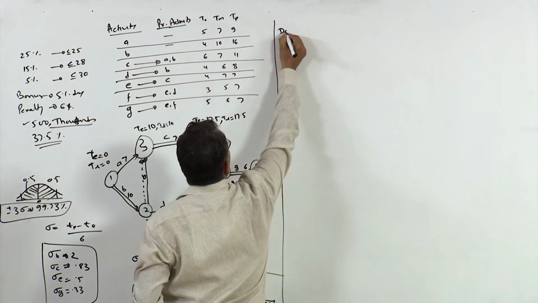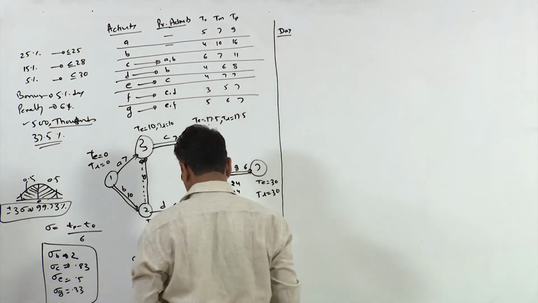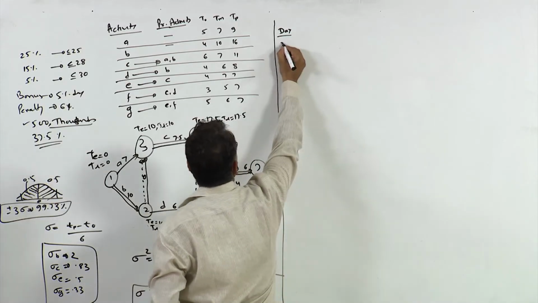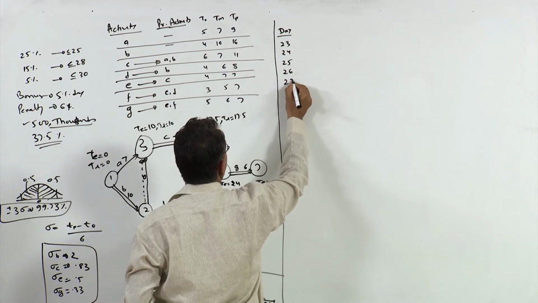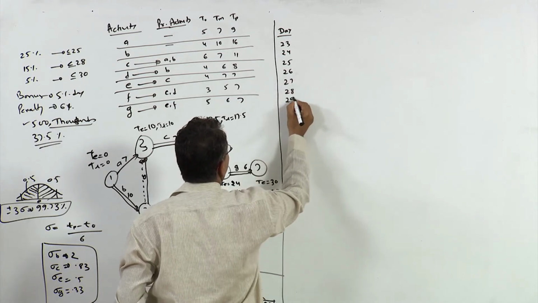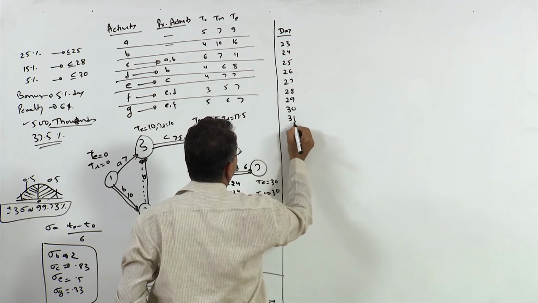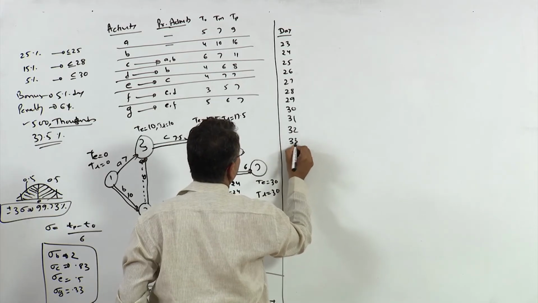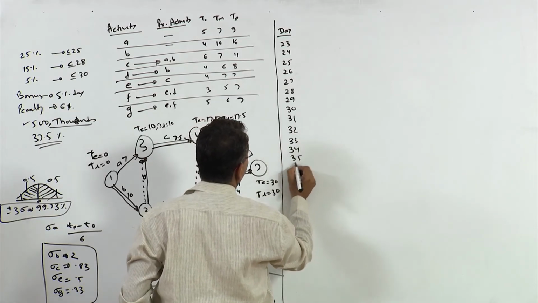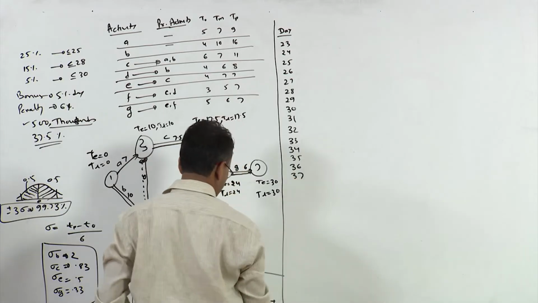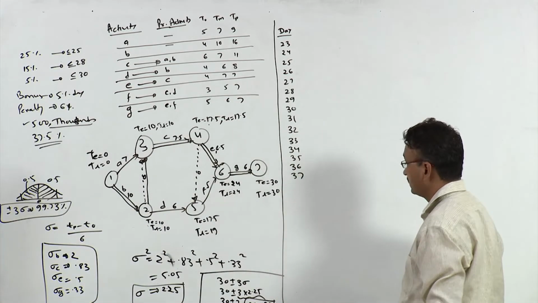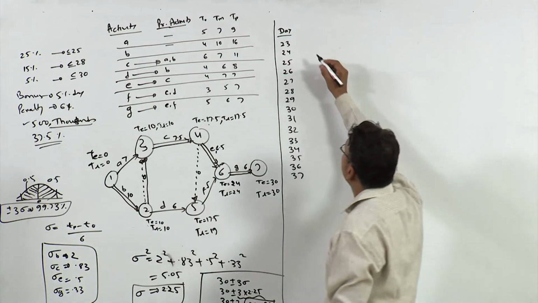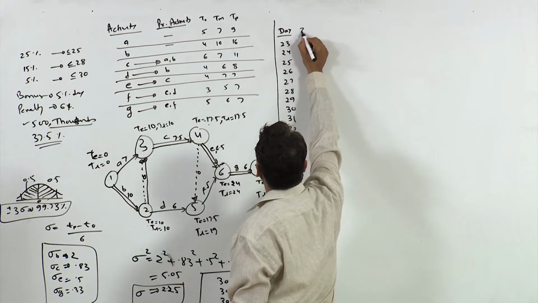These are the days: 23rd day, 24th, 25, 26, 27, 28, 29, 30, 31, 32, 33, 34, 35, 36 and 37. Now, let us also calculate the Z value.